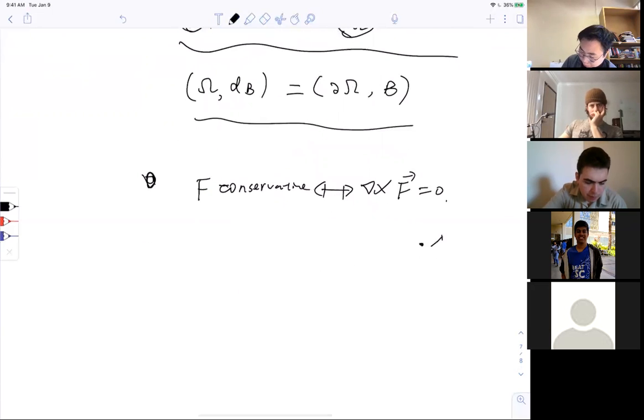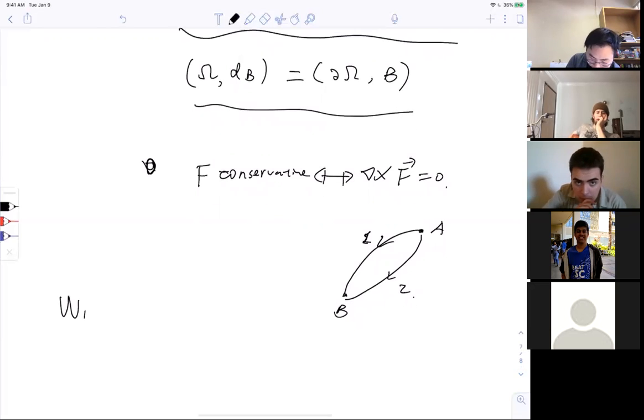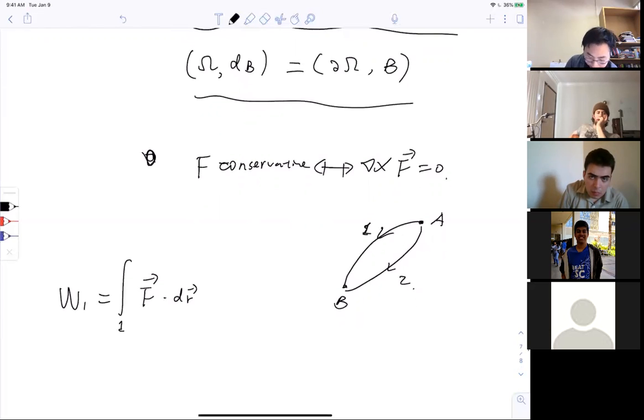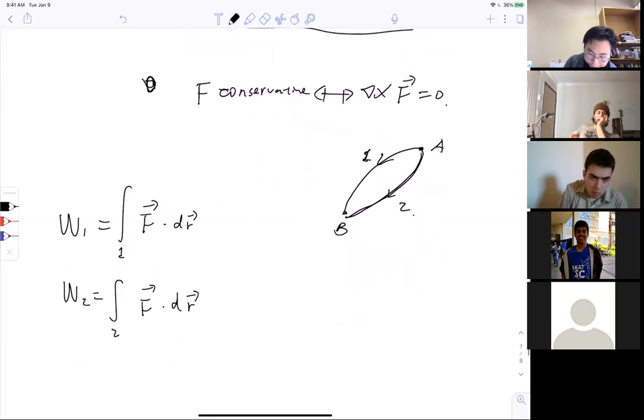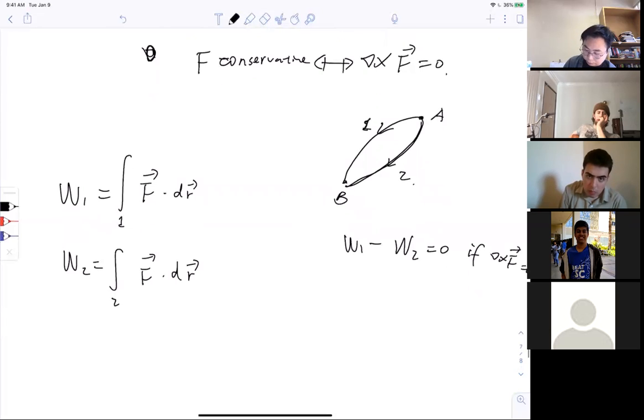For example, I have a point A, I have a point B. Now I have two paths, path 1 and path 2. The work done along path 1 is given by F dot dr along path 1, and the work done along path 2 is given by this. So we want to prove that this guy equals this guy, or this guy minus this guy equals 0 if the curl is free, right? This is what we want to prove.